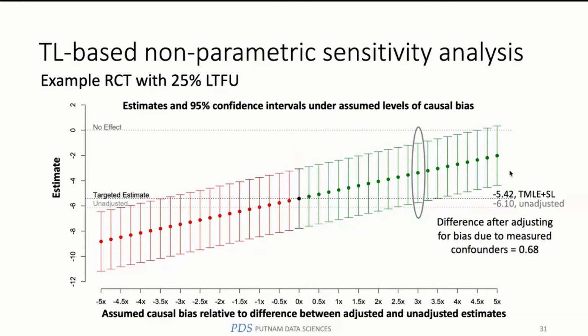And we'd have to have unmeasured confounding in the direction away from the null, 4.5 to 5 times as large as what we were able to adjust for in the complete analysis, in order to finally get that the treatment had no effect.